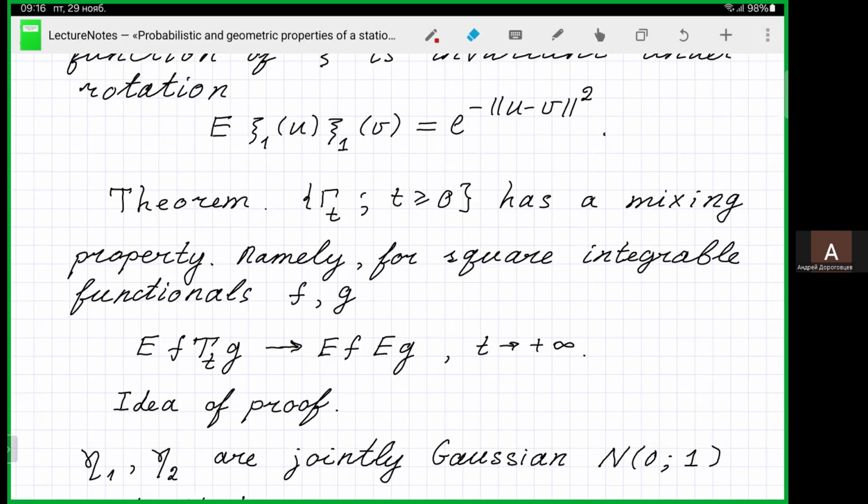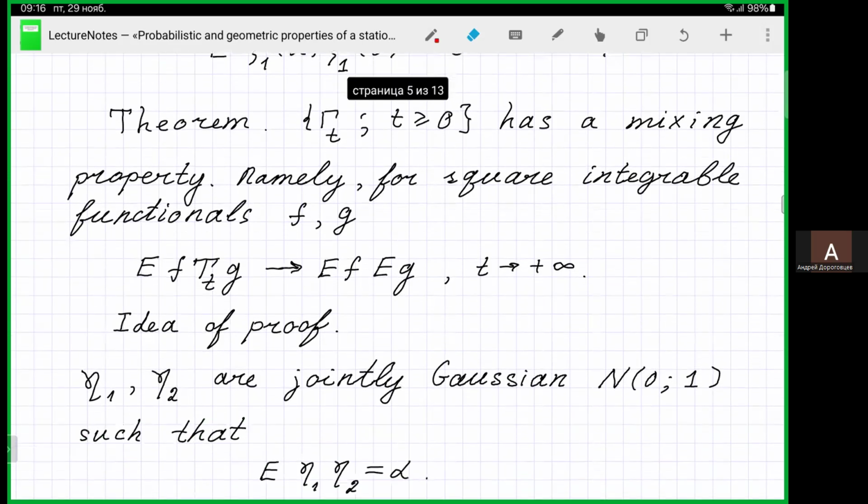So in average, its topological characteristic must tend to the expectation of such a characteristic from gamma zero, capital gamma zero. This is a technical statement which will give us the possibility to make some conclusions about the limiting behavior of topological characteristics of the obtained random knot.